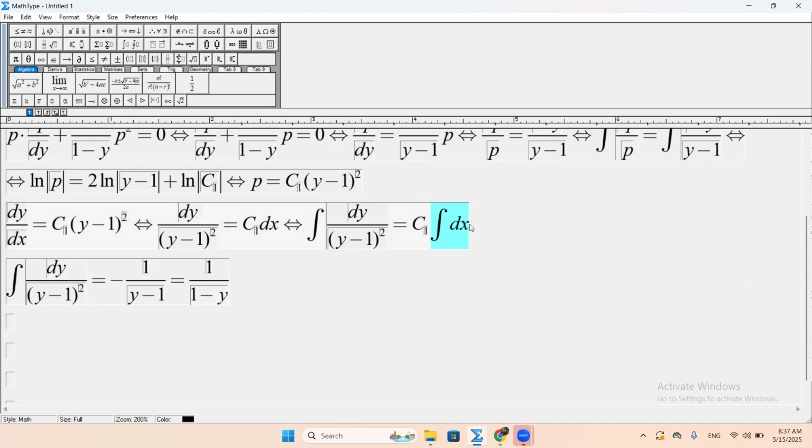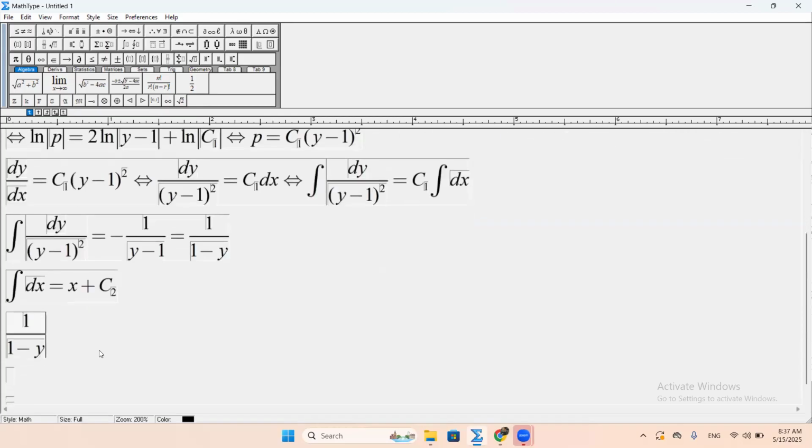And this, of course, will be equal to c1 x plus c2. So let's do it like this. Now we have received the following equality.